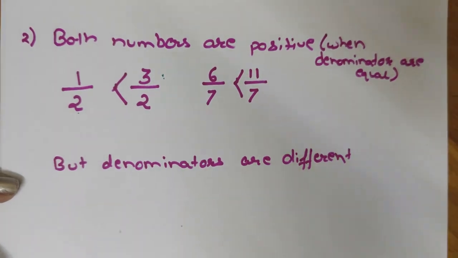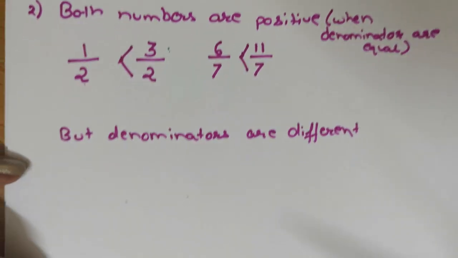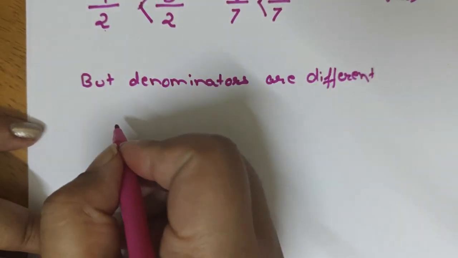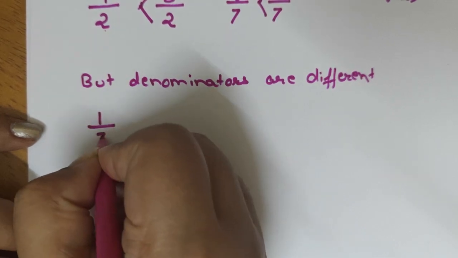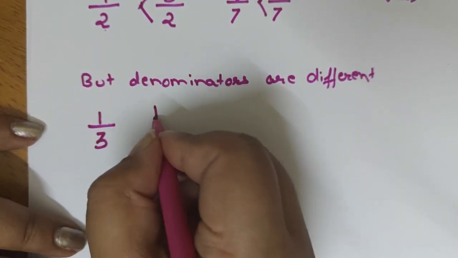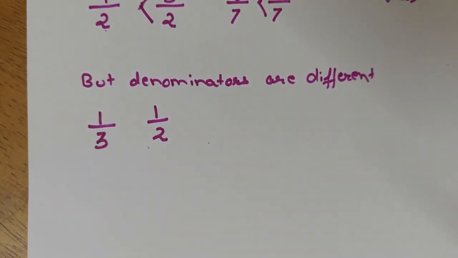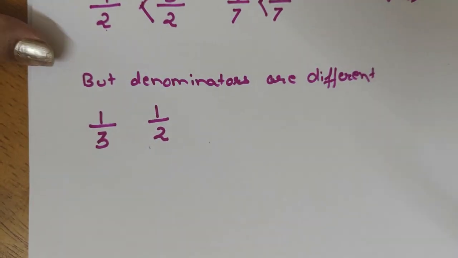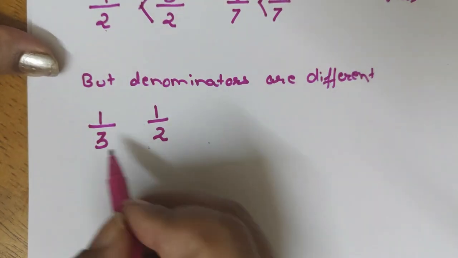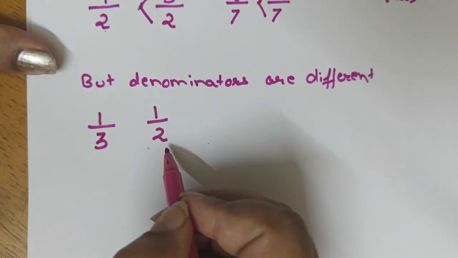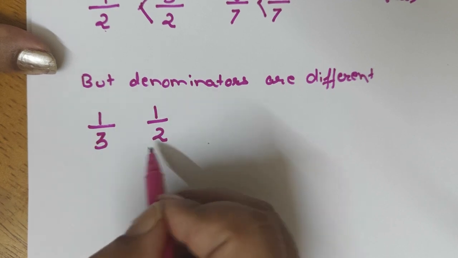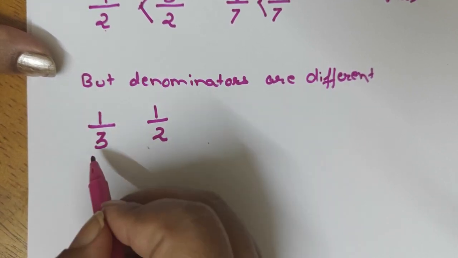Now we will see what will happen when both numbers are positive but the denominators are different. So what will happen then? Let's take an example. We have 1 by 3 and 1 by 2. Now I have to identify which of the rational numbers is greater. The denominator is different, so what we will do is try to make the denominators equal.